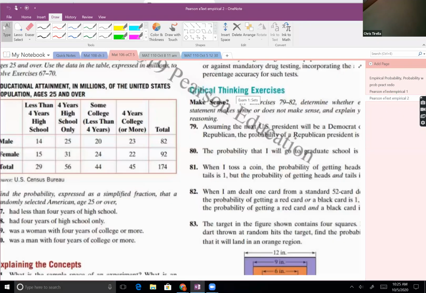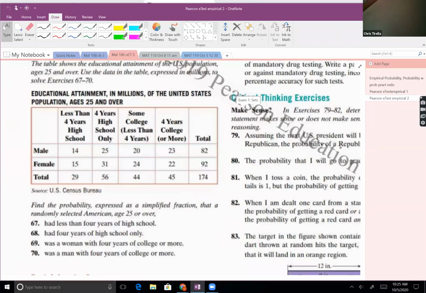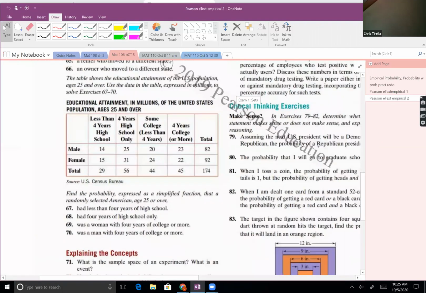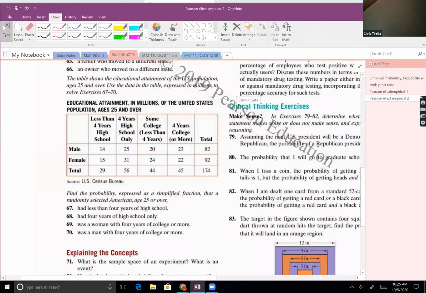So I'm going to look at this table that talks about educational attainment, in millions, of the United States population ages 25 and older. Find the probability expressed as a simplified fraction. This time we're not changing them into decimals, we're reducing fractions, that a randomly selected American age 25 or older has less than 4 years of high school.